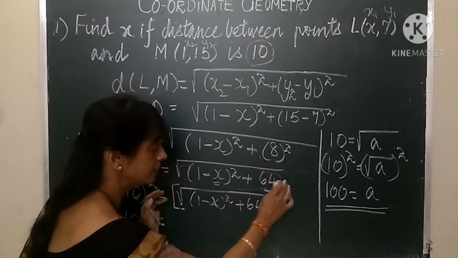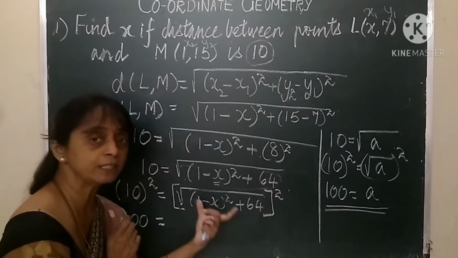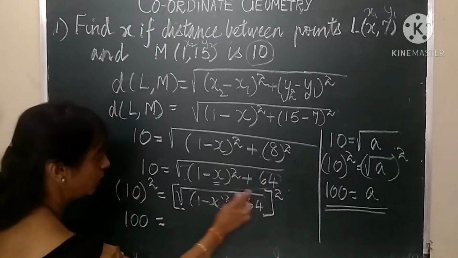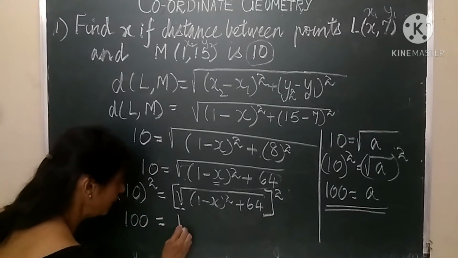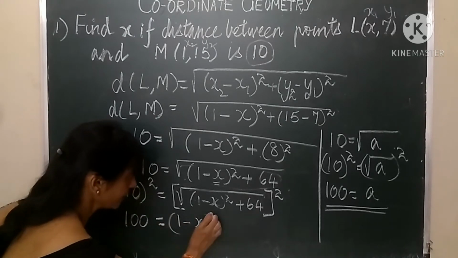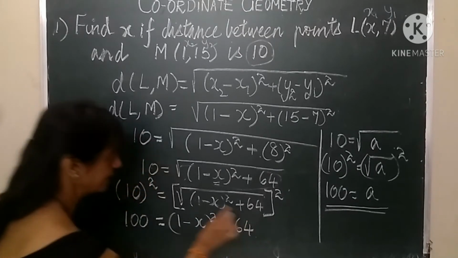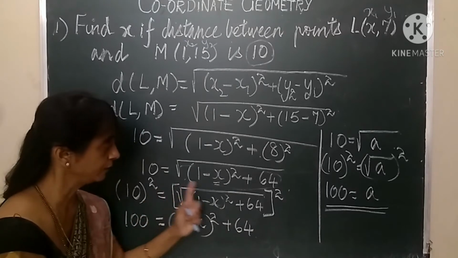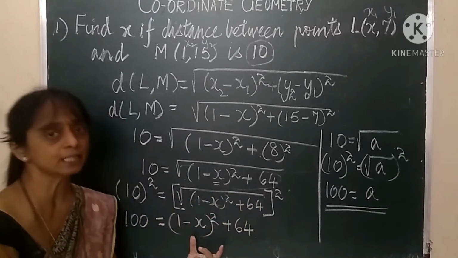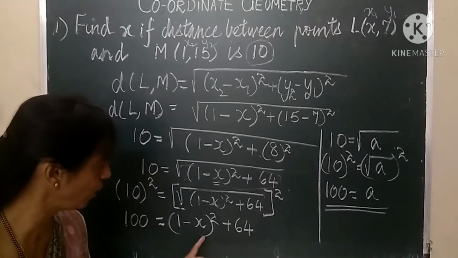This term is squared. Its square root is squared. So what do we get when we square this whole term? We only get the term which is under the square root sign. So what are we left with? 1 minus x the whole square. Let's not forget plus 64. So what did we do by squaring both the sides? We got rid of the square root sign. So it becomes easier for us to calculate and reach to a step where we get the value of x.